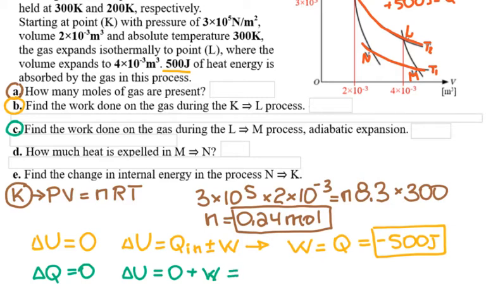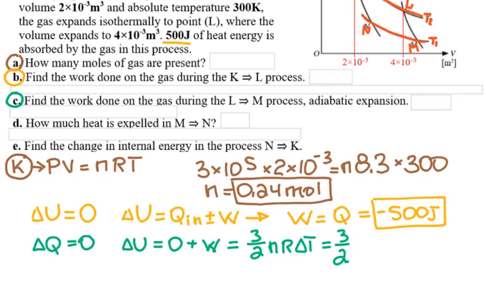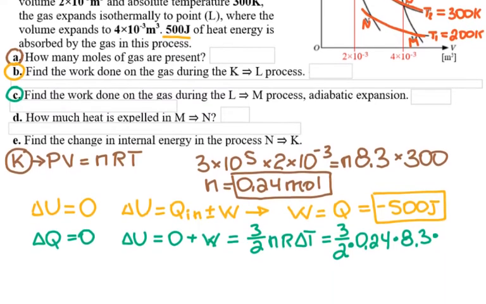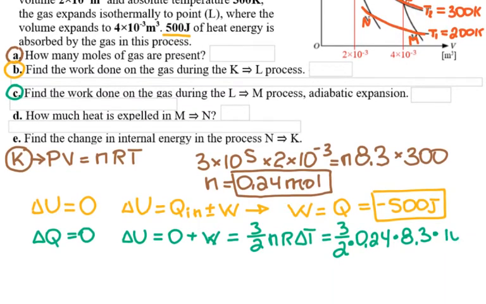So your work is equal to the change of internal energy, which is 3/2 nR delta T. So that gives me 3/2, and I calculated that the moles in the gas is 0.24, and R is 8.3, and the temperature goes from 300 Kelvin to 200 Kelvin. So the change of the temperature is 100.